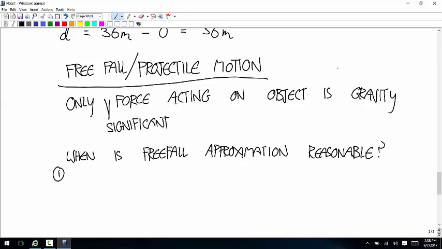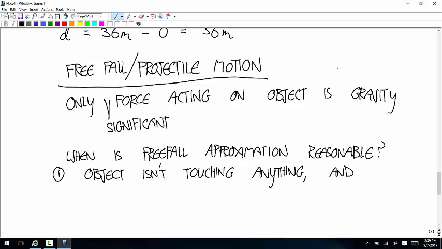The answer is, this part is non-negotiable: the object can't be touching anything. And the second requirement is that, yes?